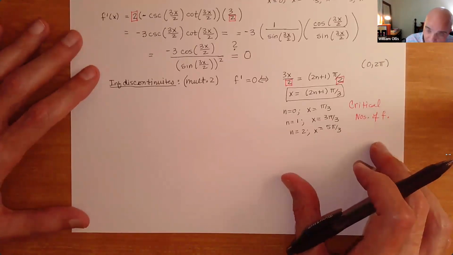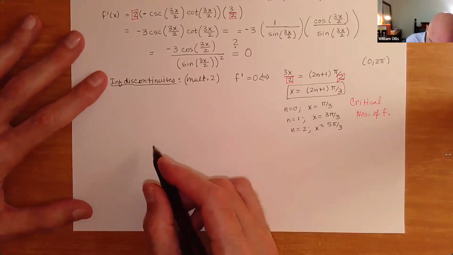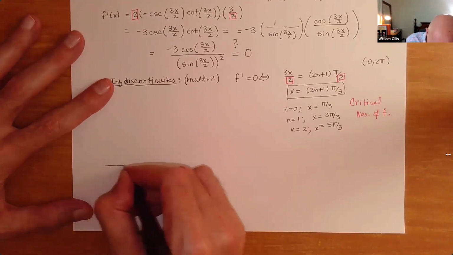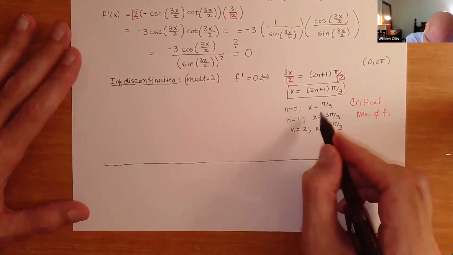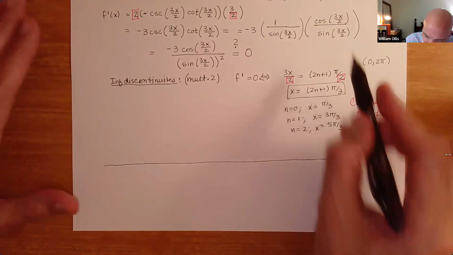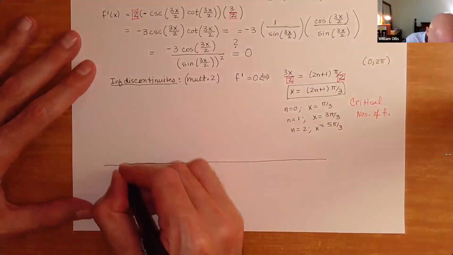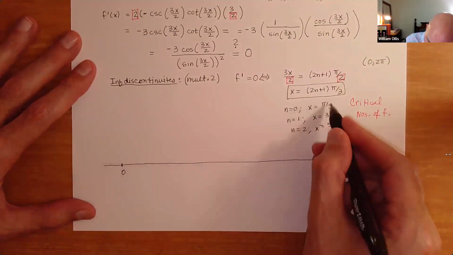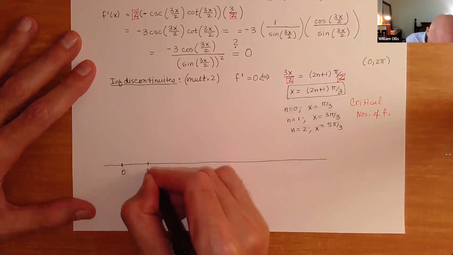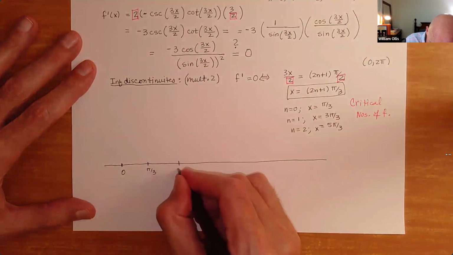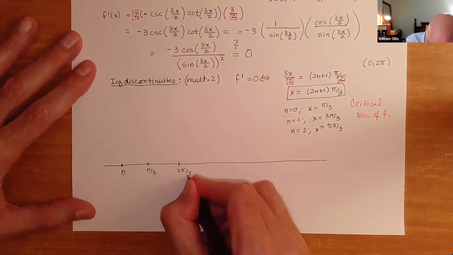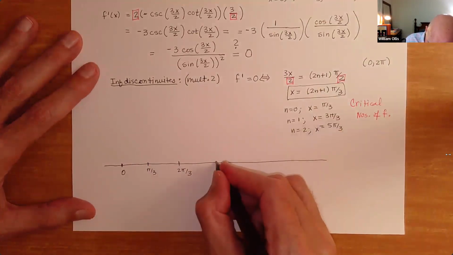So now let's do our number line analysis. It looks the same as we had before. So we have the 0, and we'll just do them in order. Pi over 3, and then 2 pi over 3, infinite discontinuity. 3 pi over 3.